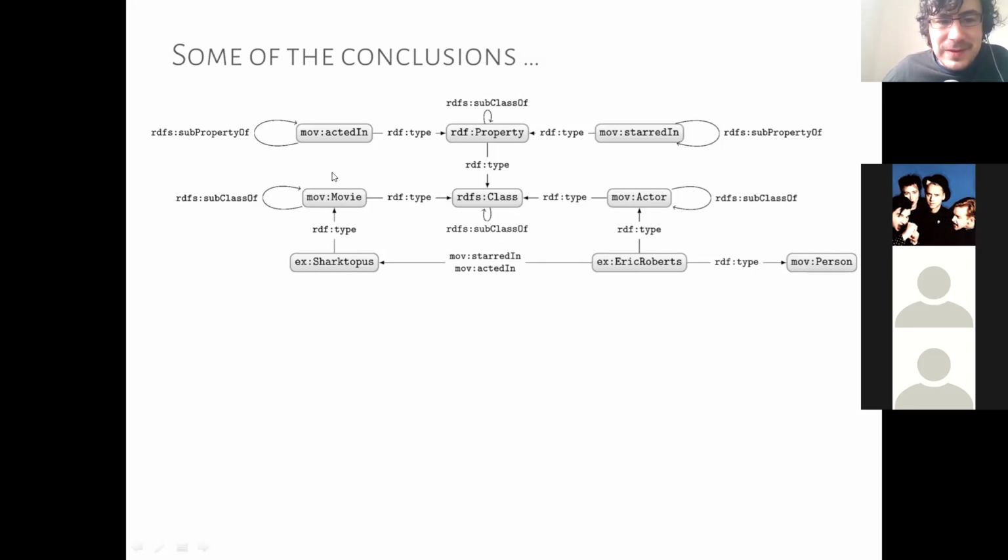For example, that a movie is a subclass of movie, a movie is of type class, a class is a subclass of class, an actor is of type class, an actor is a subclass of actor, a property is a subclass of property. This is the class that refers to all properties. It's a subclass of itself. So somehow all classes are classes, all classes are subclasses of themselves, all properties are subproperties of themselves, and so forth. And this isn't even everything we can conclude.